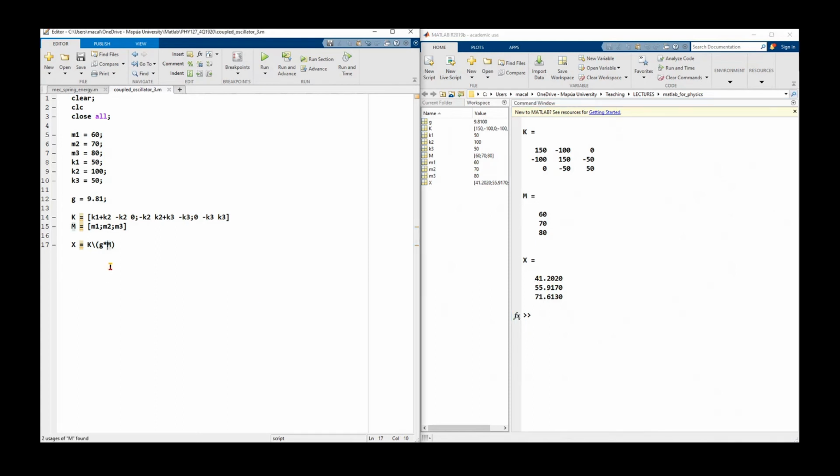In this case, if we're going to display our values, let's say x1 would be equal to num2str of the first value.